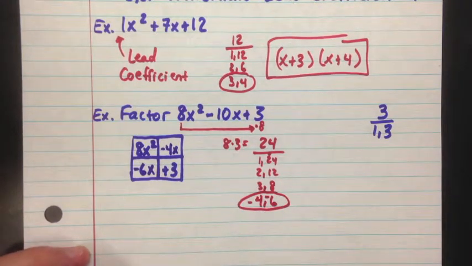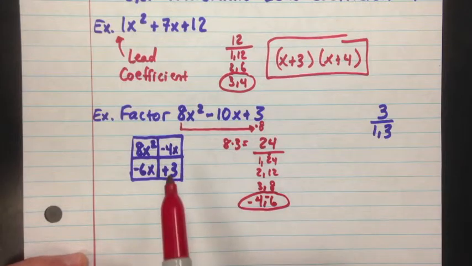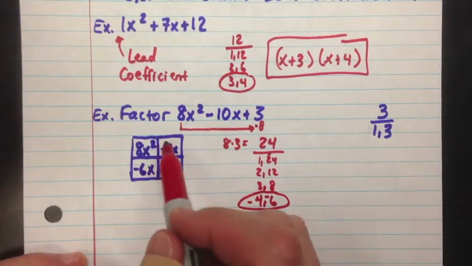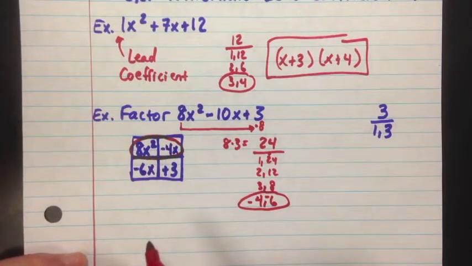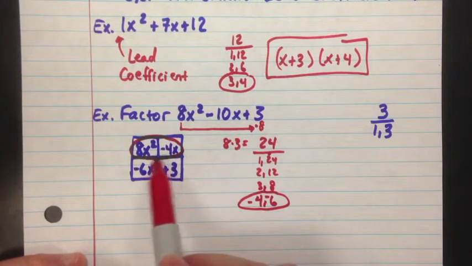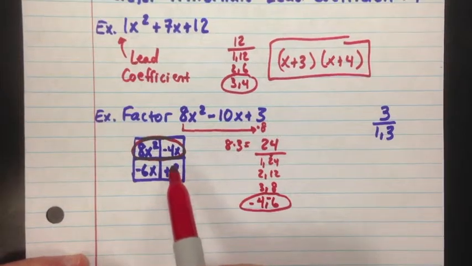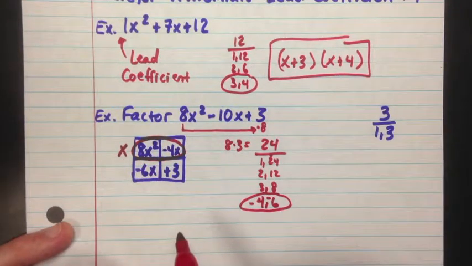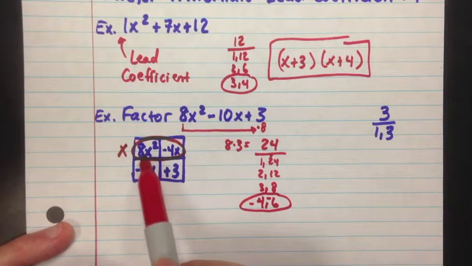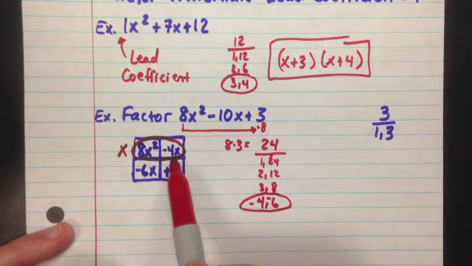So here's the next problem that we come across. Before, when I looked at the top row, all I had to do was pull out an x, because they both had an x. And I can do that here. But it's not just an x. What else can I divide out of both of these terms?